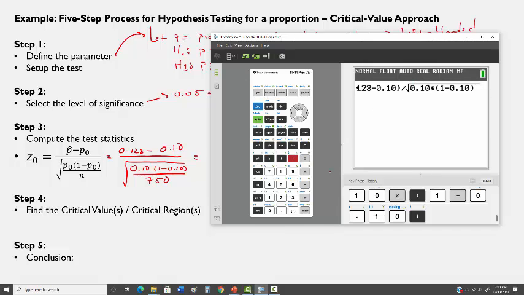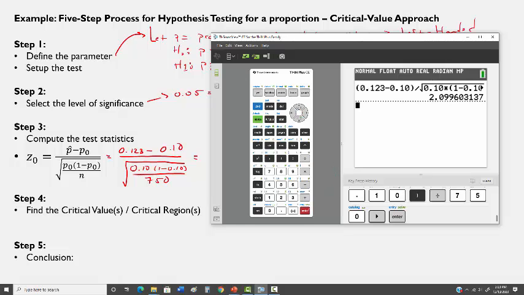This is the tricky part, it's always the denominator, plugging this in. But if you do this correctly, you should get 2.099, or really 2.100 when you round it off, because the 6 would make that a 10 and so on. It would cascade. So 2.100.